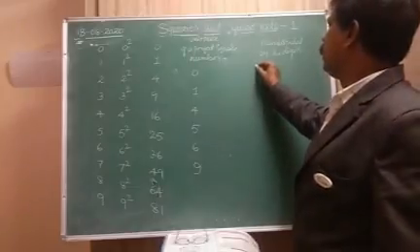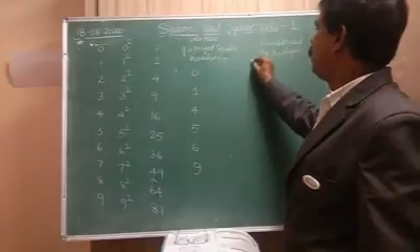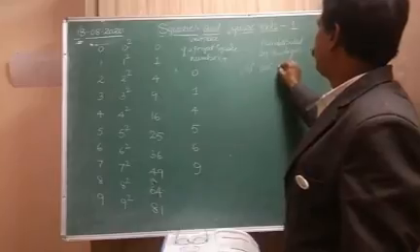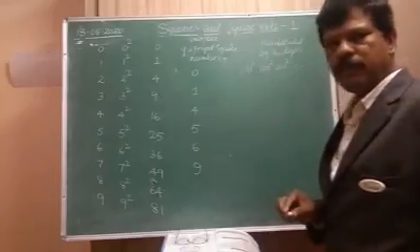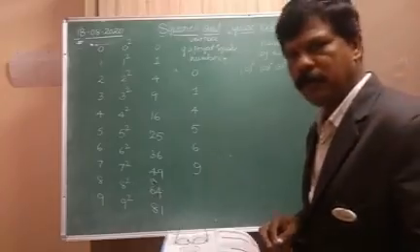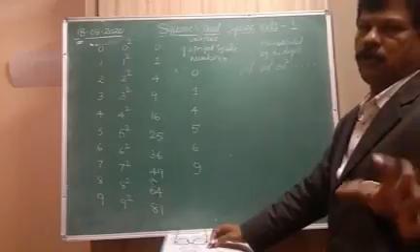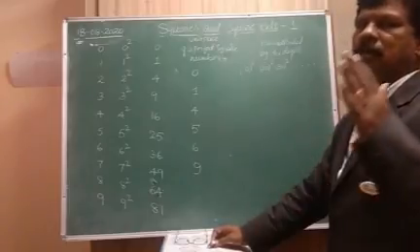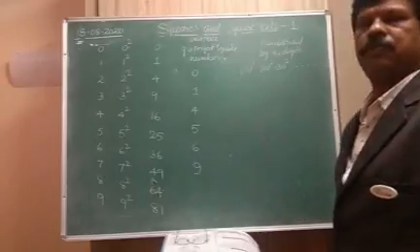For that, only numbers ending in zero: 10 square, 20 square, 30 square, etc. So remember, this is the first thing: a number ending in 0, when you square it, the unit place is always 0.